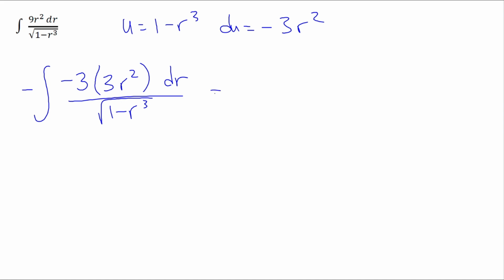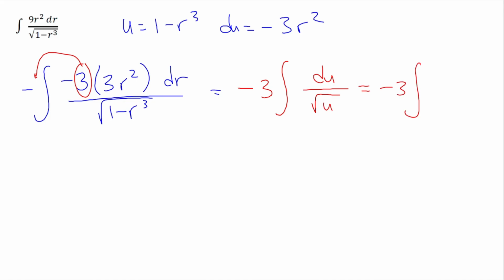And so now we can pull the 3 that's in here outside if we want, leaving us with a negative 3 outside of our integral. And now we have the negative 3r squared dr that turns into the du. And then we have over the square root of u, which is just like negative 3 times the integral of u to the negative 1/2 du.